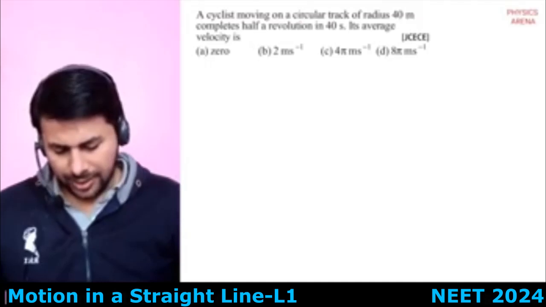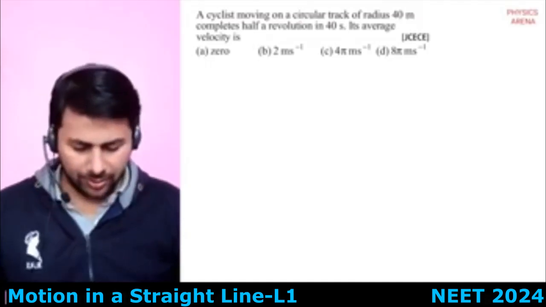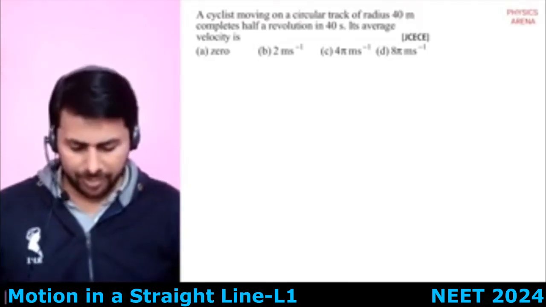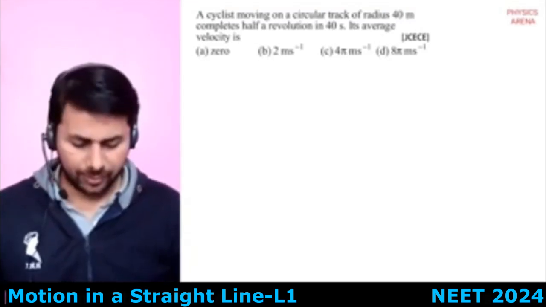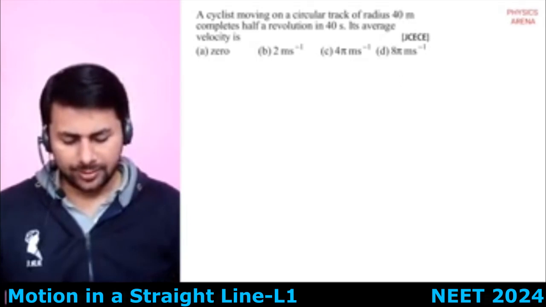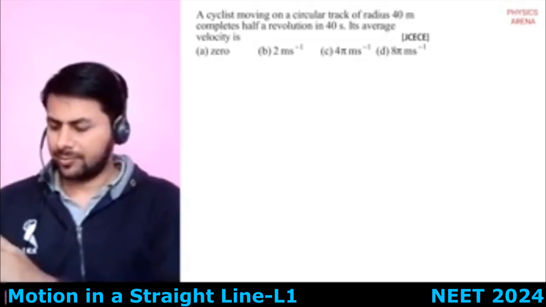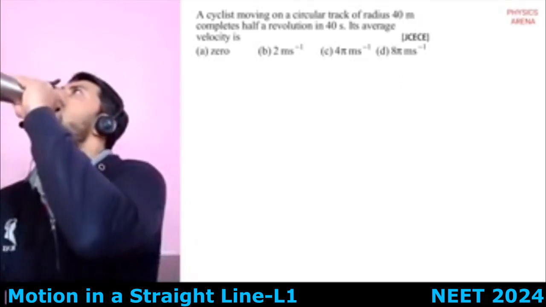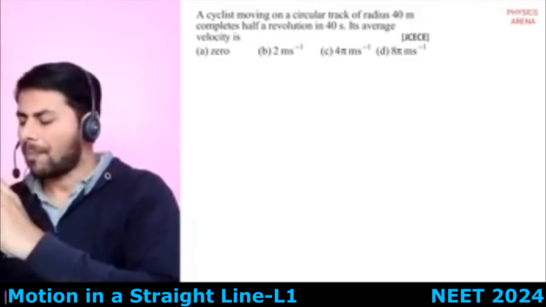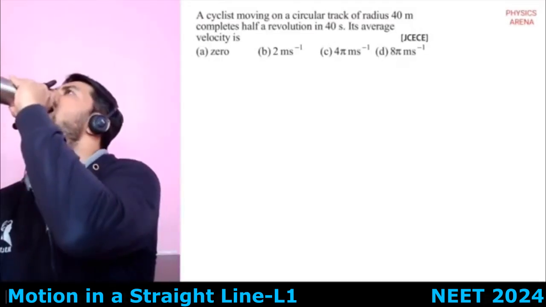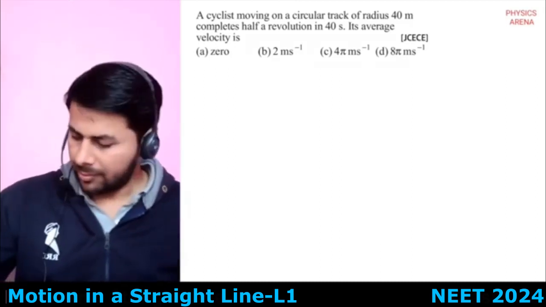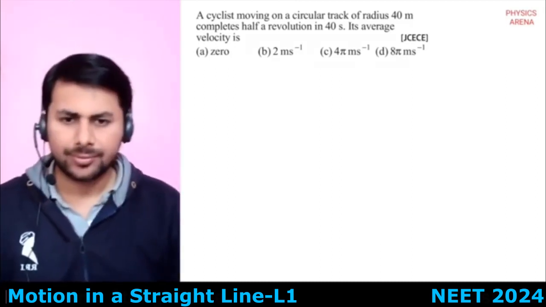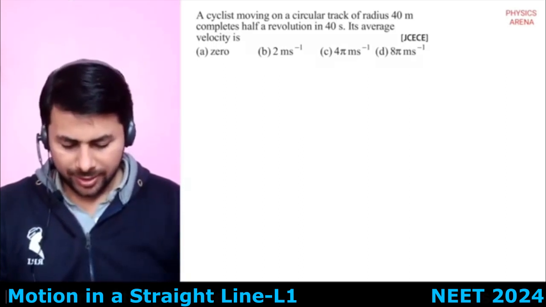Next question. A cyclist moving on circular track of radius 40 meter completes half revolution in 40 seconds. Its average velocity is, can you guess? All right.